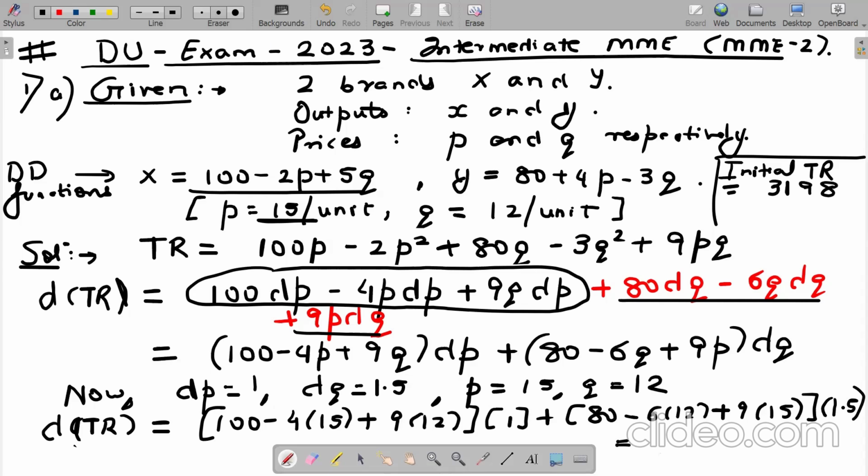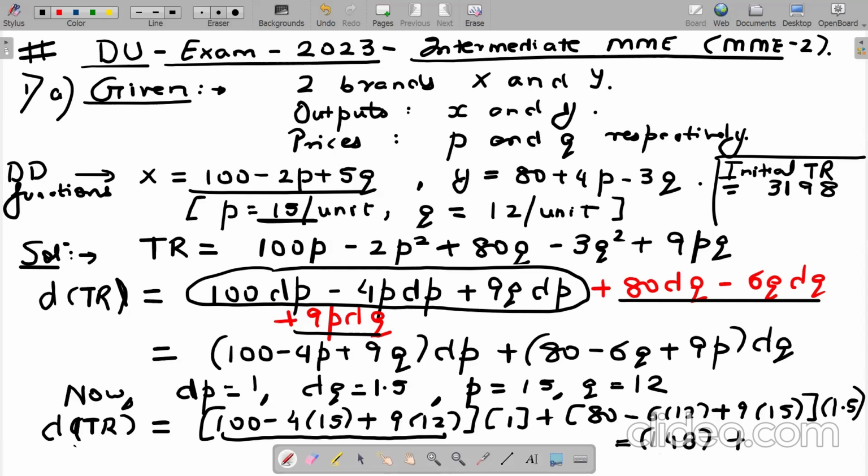Let us see what do we get. 12 times 9 is 108 plus 100 is 208, 4 times 15 is 60. So this is 148, 148 into 1 is 148.